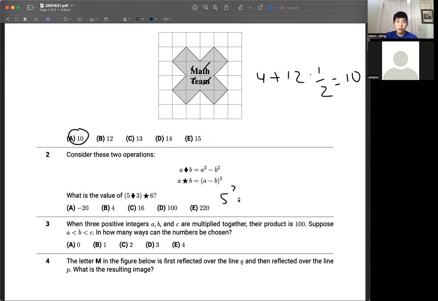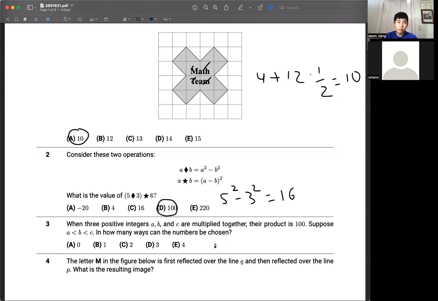And that gives us 16. And that is starred with 6. So we have 16 minus 6 and that entire quantity squared. 16 minus 6 is 10, and then 10 squared is 100.